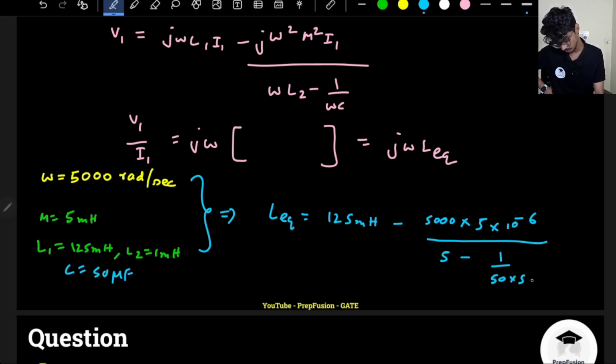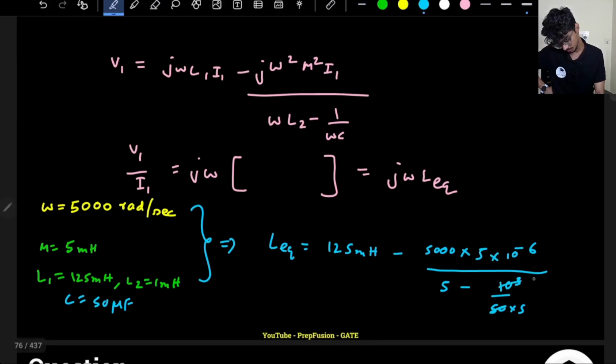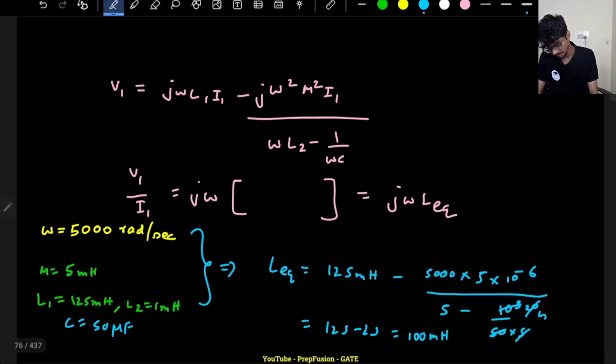Micro is there, so 10 cube will go here basically. This is milli, this will also be milli only, 25. So 125 minus 25, so L equivalent comes out to be 100 millihenry.